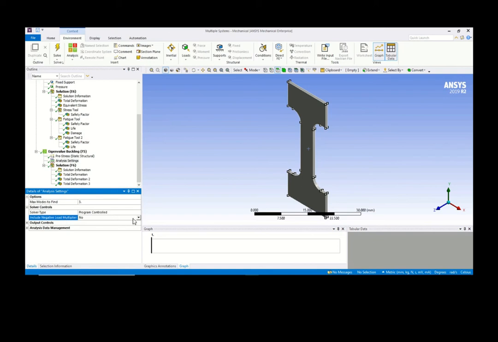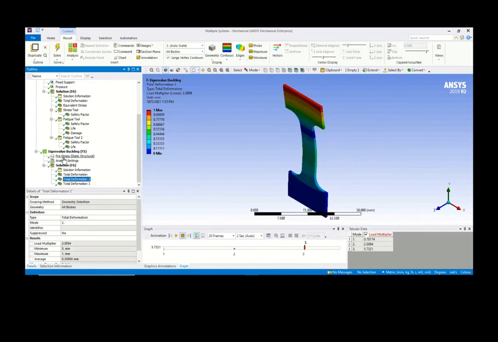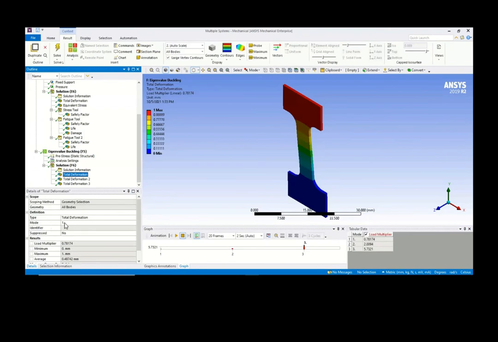You have to change from program controlled to no. Then you can start. Right click, then insert deformations, total deformation. You want to see how it moves, the modes. So here you add 3 because you set 3 modes: mode 1, mode 2, and mode 3.